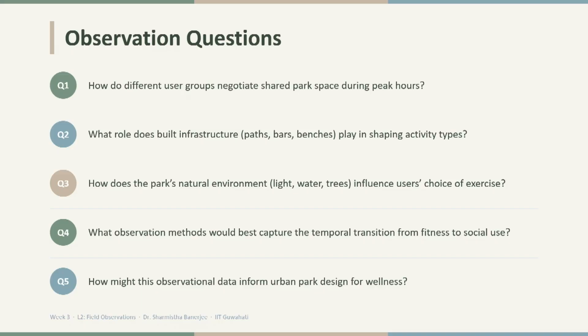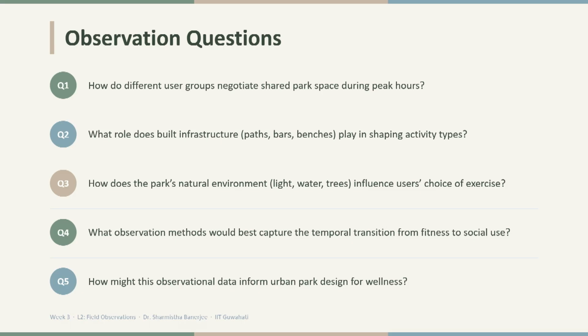I should always have certain questions in my mind which will direct what kind of observations I want to make when I am in the field. How do different user groups negotiate shared park space during peak hours? That's one question. What role does built infrastructure like paths, bars and benches play in shaping these activity types in the park?